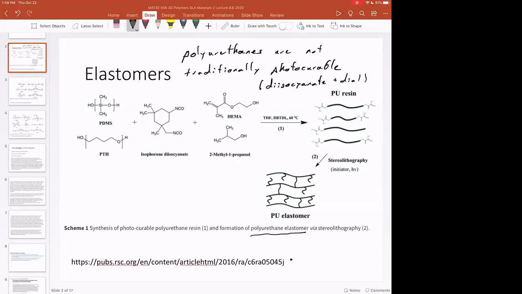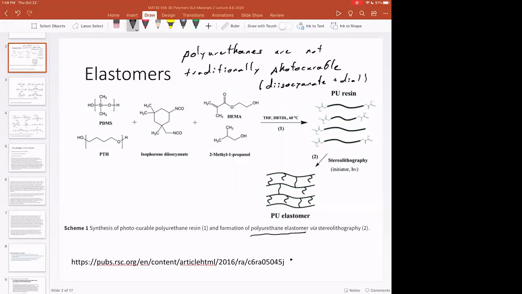And so this is not a polymer chemistry class, but you can look up how traditional polyurethanes are made. But if you want the properties of polyurethanes, and there's some reasons why you might want that, all you have to do is turn that polyurethane into a photocurable resin.